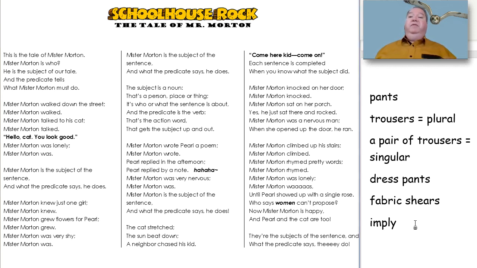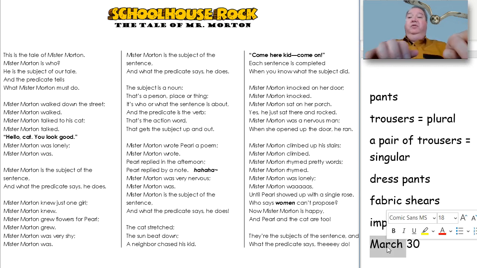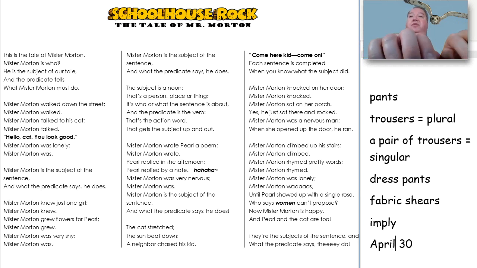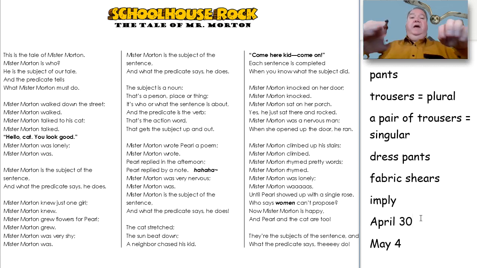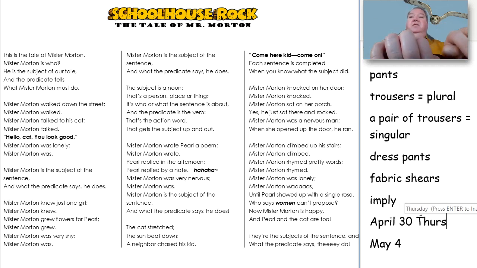So, do you prefer to have the quiz on March 30th, which is Buddha's birthday, or, I'm sorry, not March 30th, that's wrong, April 30th, or on May 4th? So April 30th is next Thursday, or May 4th is the following Monday.